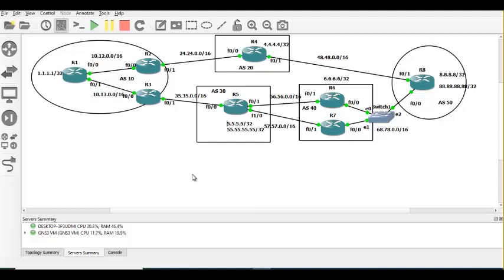For all destinations, you want router 1 to go via router 3. You want router 1 alone. You do not want to disturb router 2. Just router 1, you want router 1 to go via router 3.